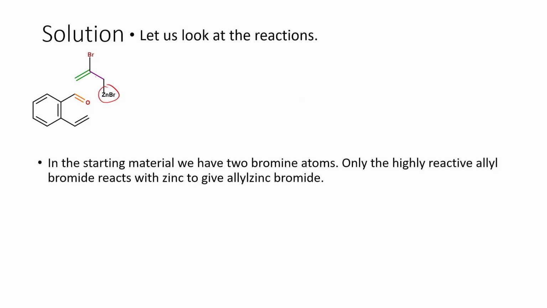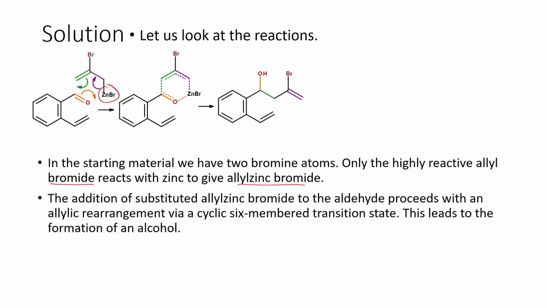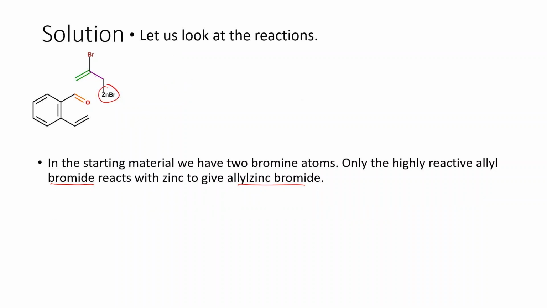So here the highly reactive bromide, that is the allylic bromide, undergoes reaction to give allylic zinc bromide. So this is a crucial thing we have to remember. In the previous case, the vinylic iodide underwent reaction compared to allylic acetate or cyanide.